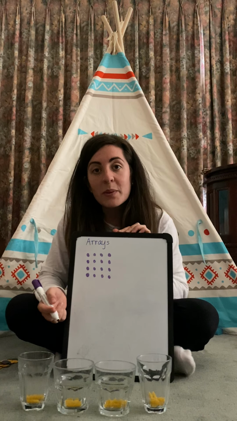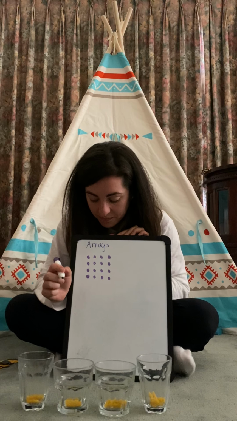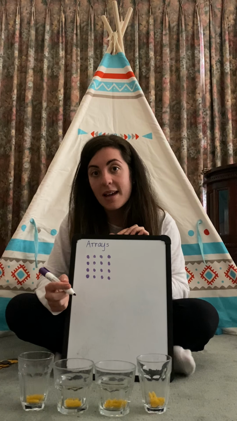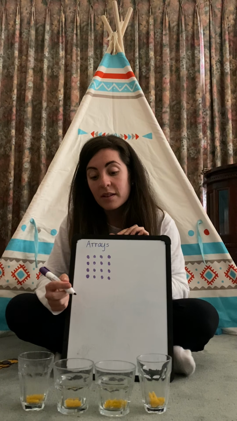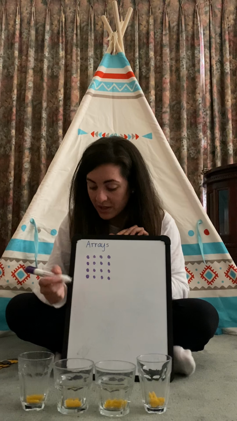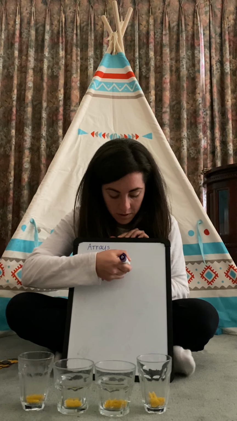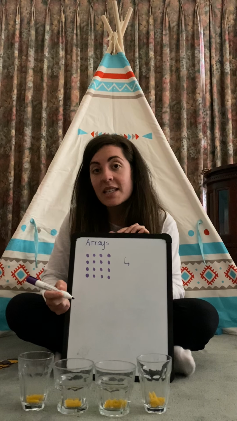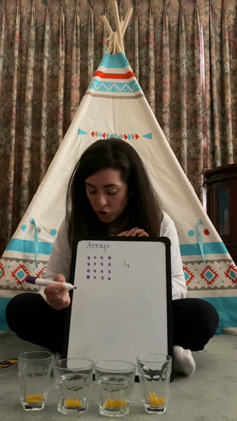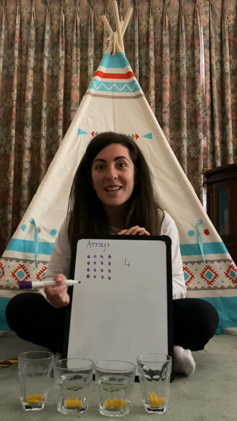And then I'm going to write a number sentence to show what I have here. The first number I start with is how many pieces of pasta I have, and in each group I have 4. The next number is how many groups I have.